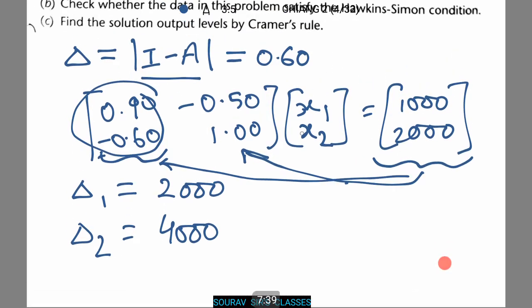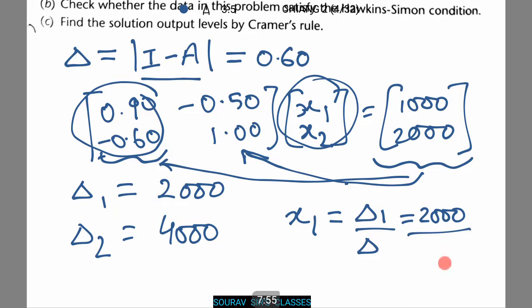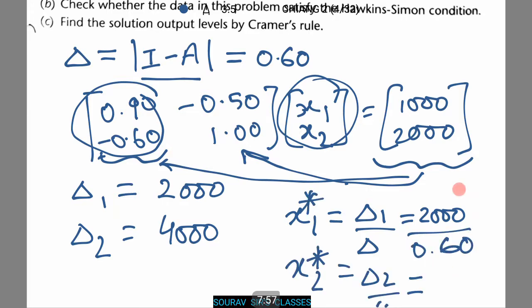Now we'll find the value of this x1 and x2. How to find this? x1 equals D1 by D. Here the value of D is 0.6 and D1 is 2000, that is 2000 by 0.